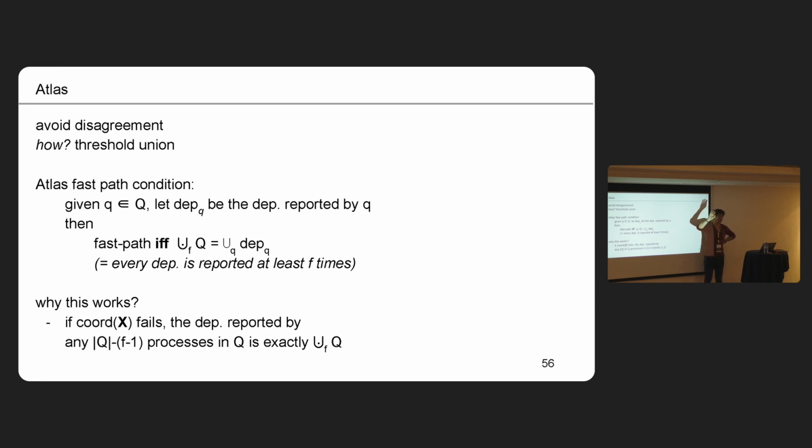It's a corner case, a good case. You know there is a failure of the coordinator. So you ask the fast quorum minus f plus 1, so q minus f plus 1. And you take the union, and you know this is the good value, right? Okay.